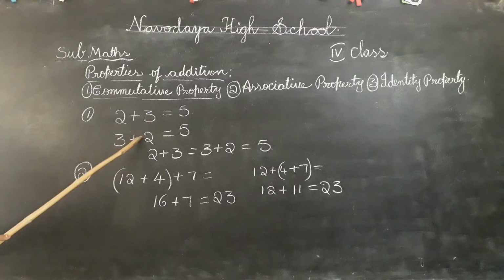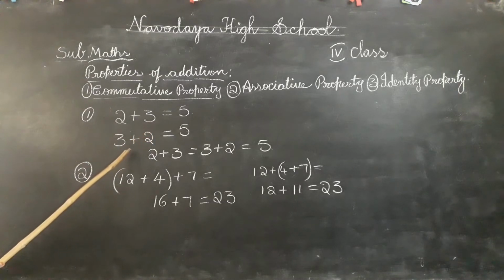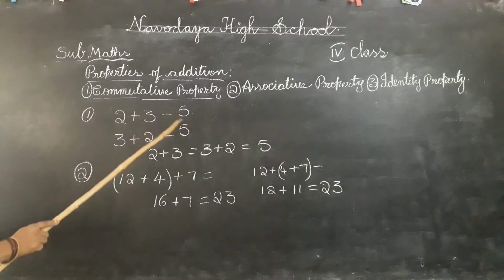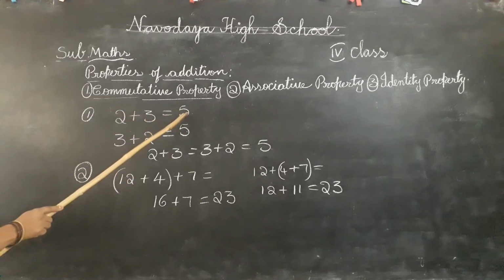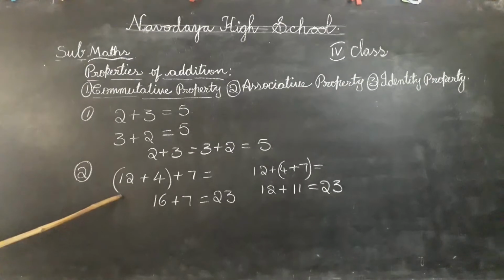The commutative property says that when two numbers are interchanged, the sum remains the same. Here the two numbers are interchanged, the sum remains same. There is no change in the answer.